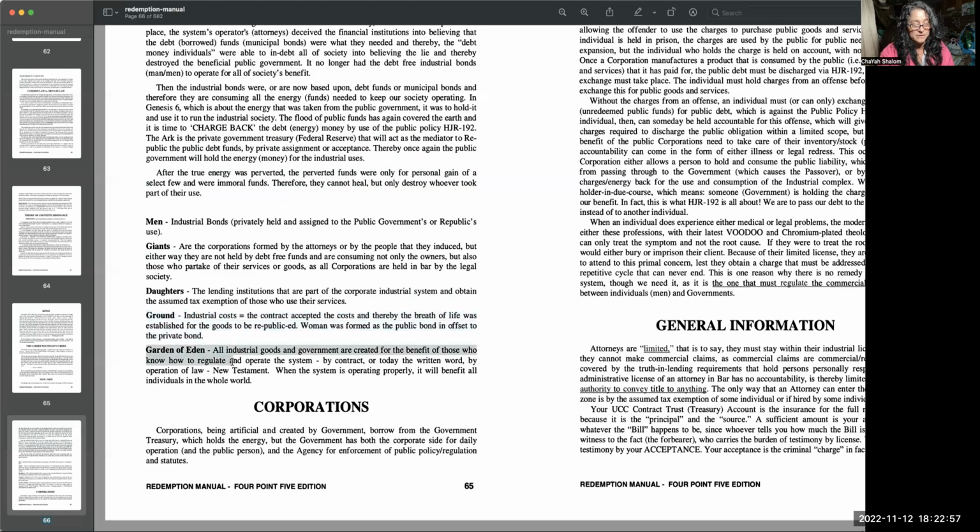Garden of Eden. All industrial goods and government are created for the benefit of those who know how to regulate and operate the system. By contract or today, the written word, by operation of law, New Testament. When the system is operating properly, it will benefit all individuals in the whole world.